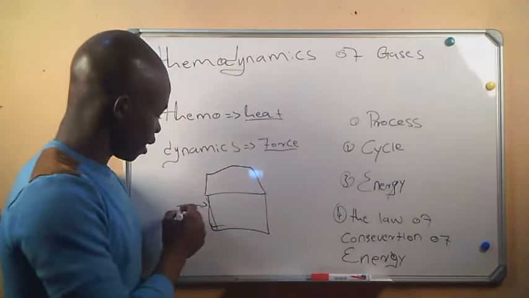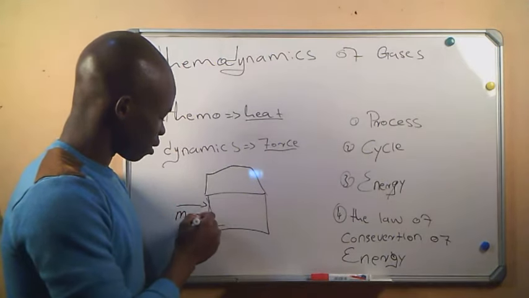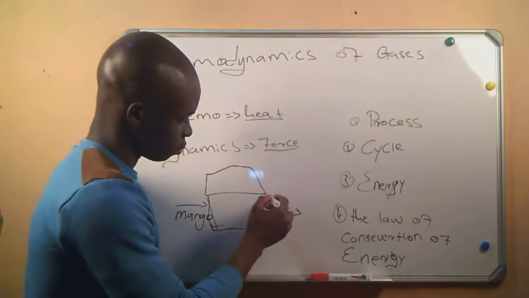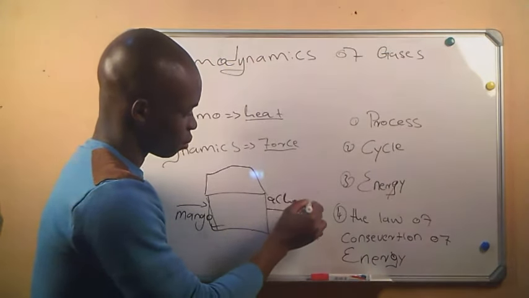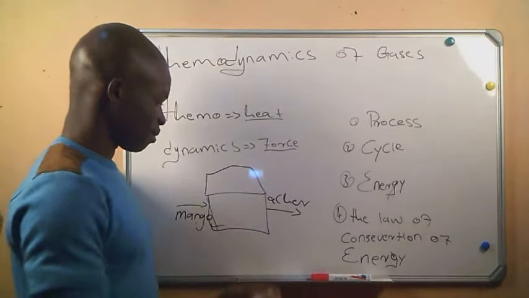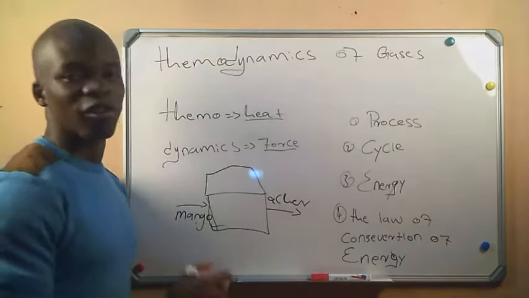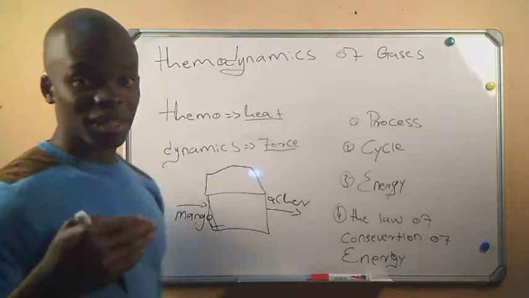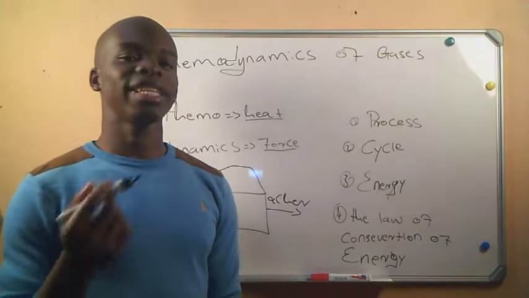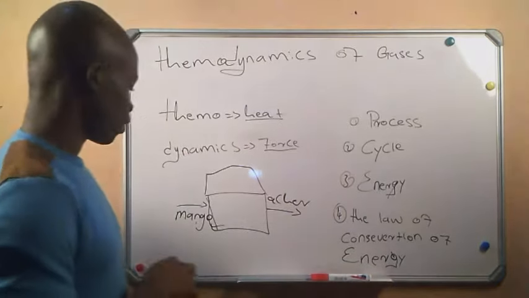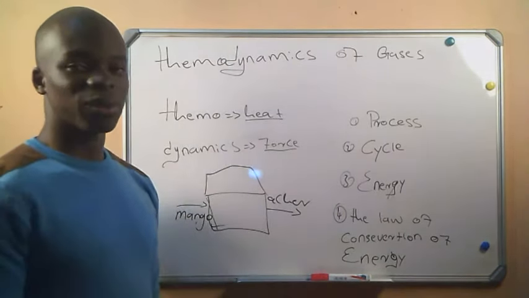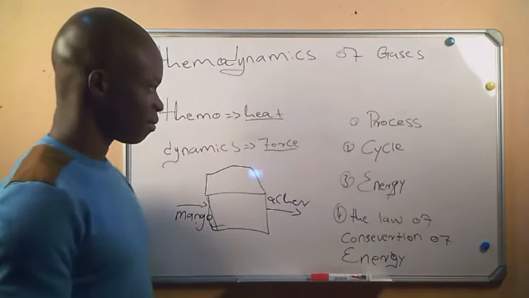Every time they are buying mangoes and then producing achar. So it's mango in, achar out. That's the definition of process. Process is defined as an exercise that results in a change of substance. So first we had a mango going in, and then going out we have achar.